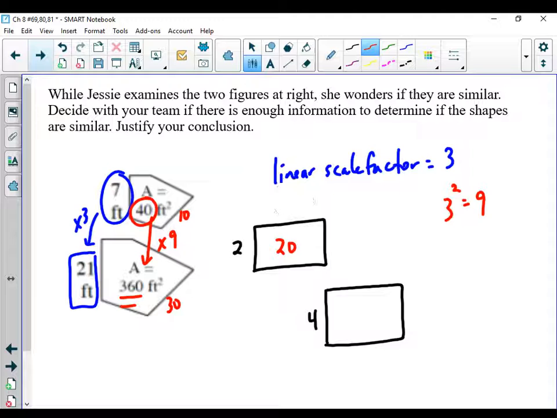Say all I was given was that side of 2, and I knew the area was 20, and then I knew this side was 4, and I was told the area was 80. Well, I'm not guaranteed that things are going to match up the same way, because again, I need to know whether it was proportional in each of my different pieces. So just be careful as you're doing those.